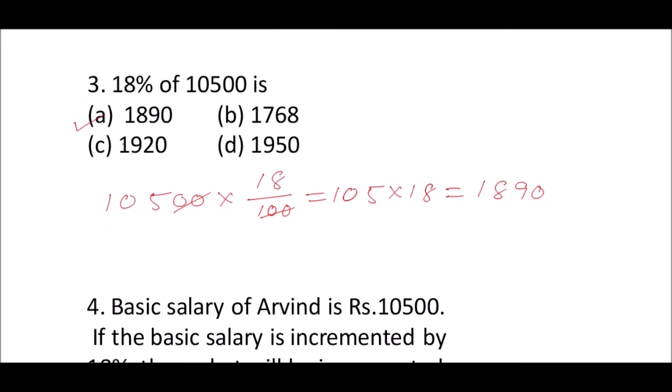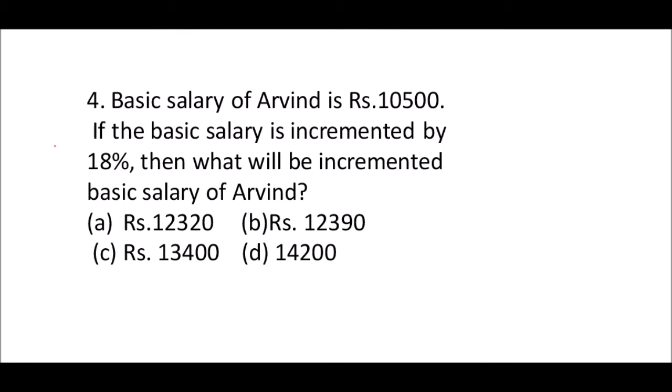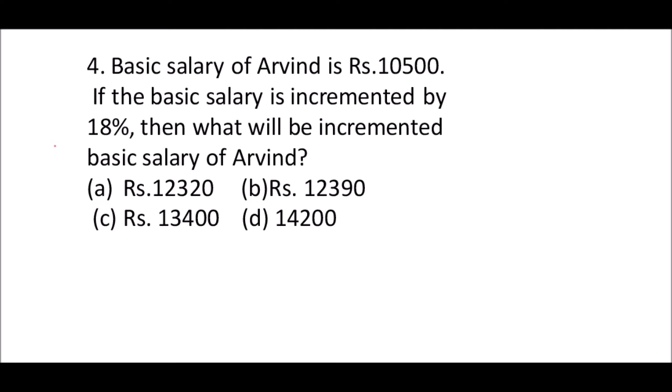Next is, basic salary of Arvind is 10,500. If the basic salary is incremented by 18%, then what will be the incremented basic salary of Arvind? First we have to find how much increment Arvind got.